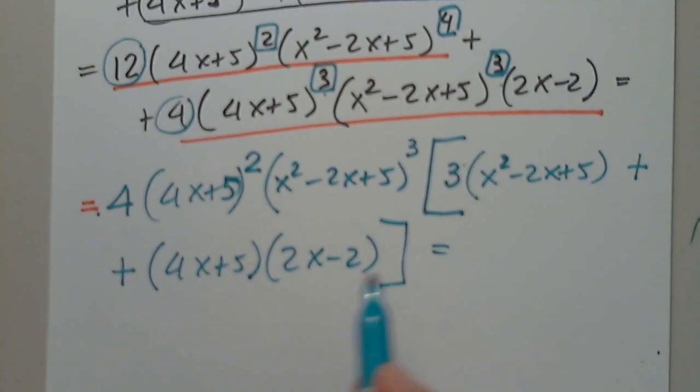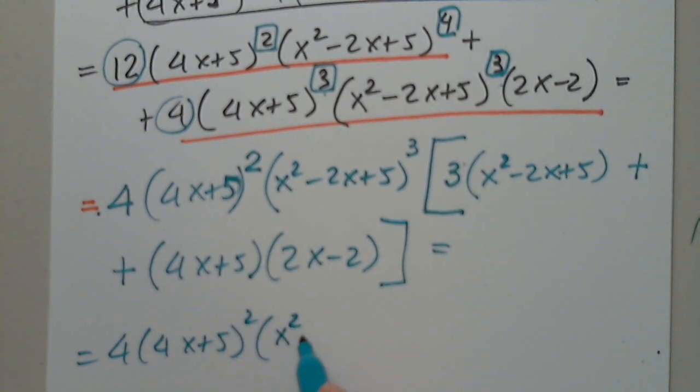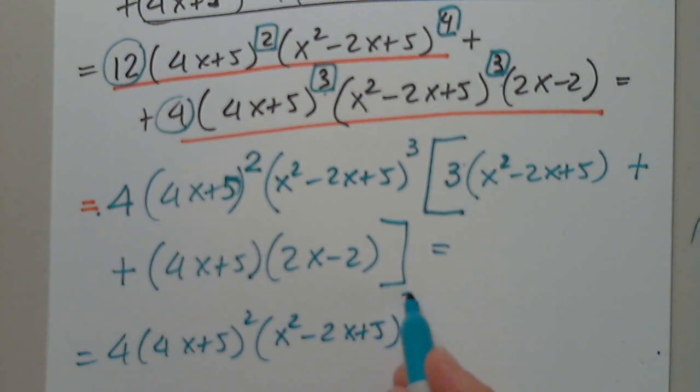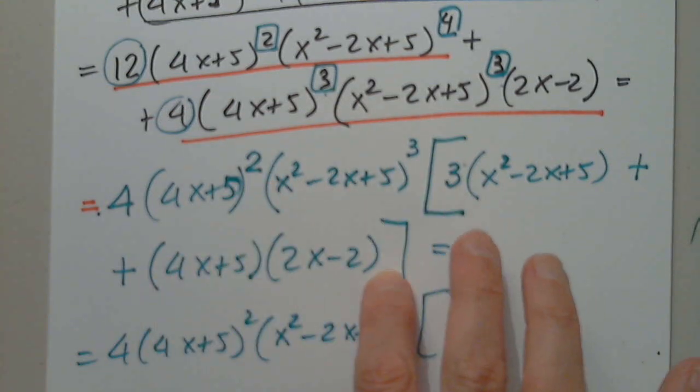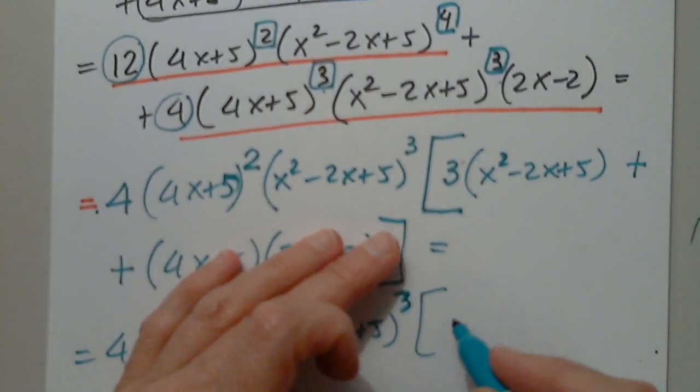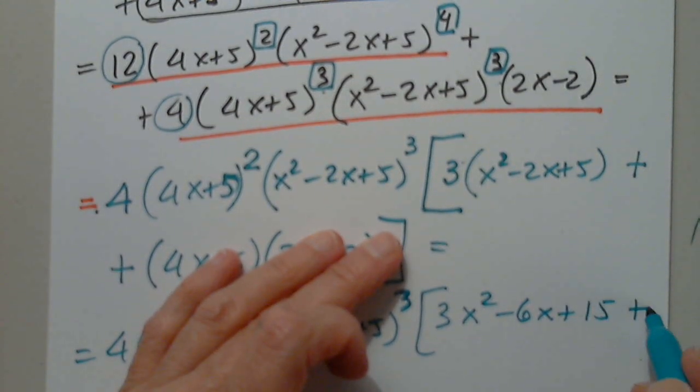Okay, next. I copy all these because I can't do anything to them, but I have to distribute and simplify everything I can in brackets. First part is easy: 3x squared minus 6x plus 15, plus.